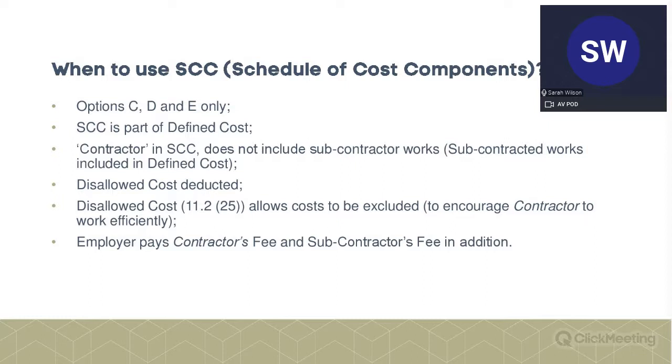So the schedule of cost components looks at the base costs, and hopefully when we look at it, you'll get a clear picture of how it works. And then the fee percentage, which is basically overhead and profit. And again, we'll look at that in more detail later. But the overhead and profit is set out as a percentage in the contract data part 2, and that's added to those costs.